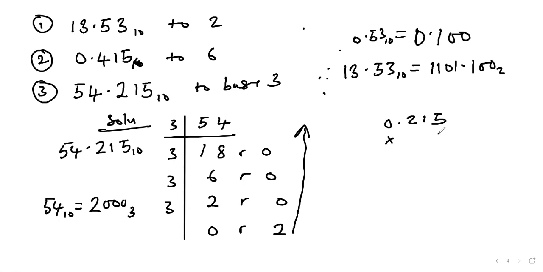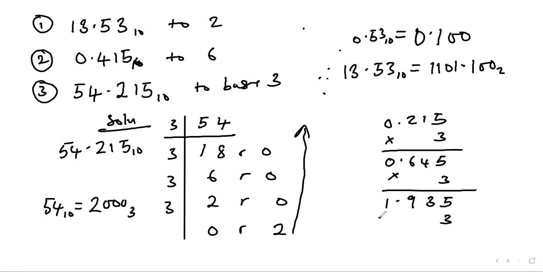So let's do the small part. We multiply by 3. 3 times 0.215 gives you 0.645. Then times 3 again gives you 1.935.